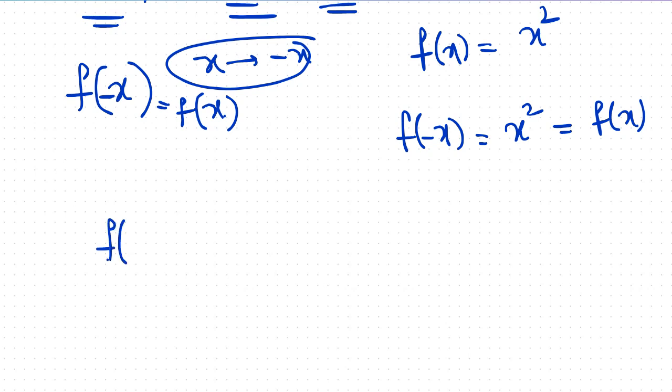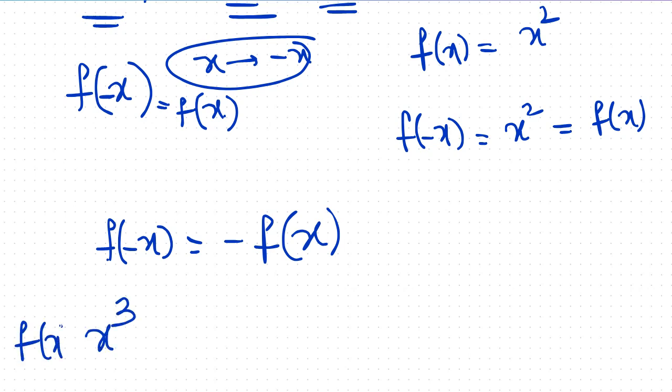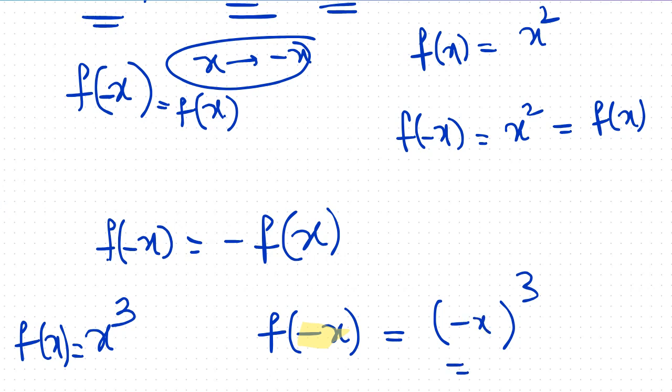So if f of minus x is equal to minus of f of x, let's say f of x is x cube. f of minus x will be, instead of x, minus x cubed, so it will be minus x cube.